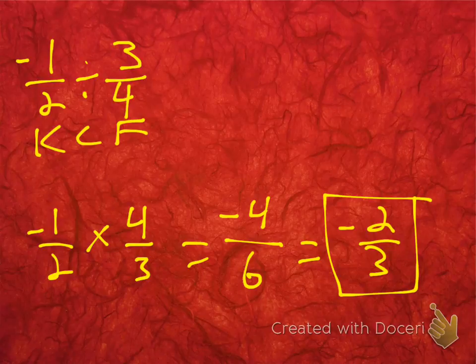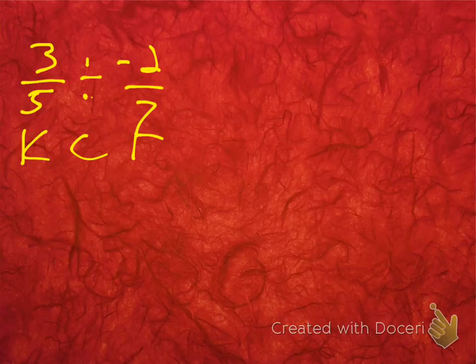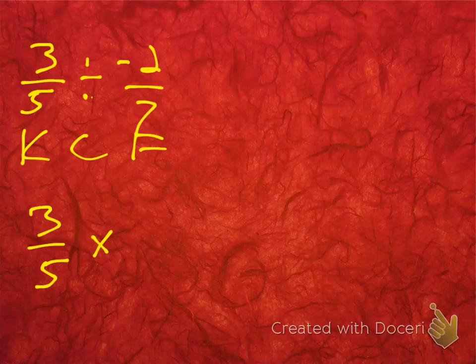That's it. Keep, change, flip. Alright. If I have 3/5 divided by negative 2/7, I have to keep, change, and flip. Keep 3/5, change division to multiplication, flip negative 2/7 to negative 7/2.